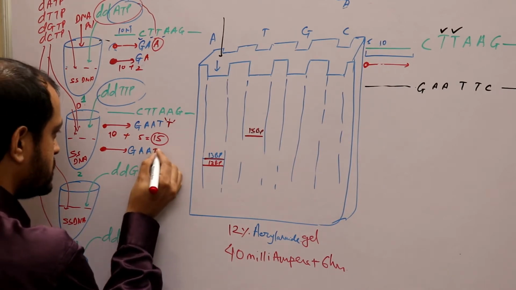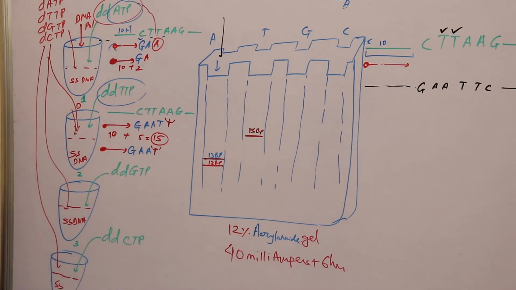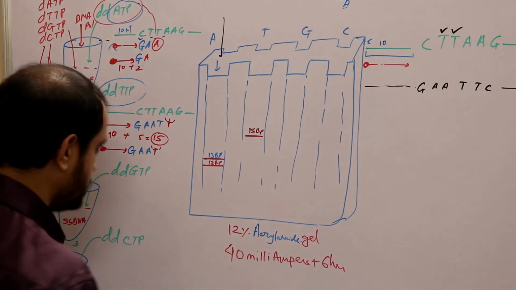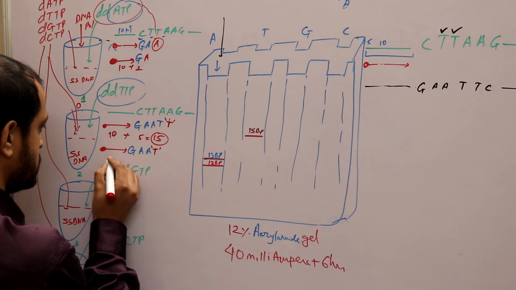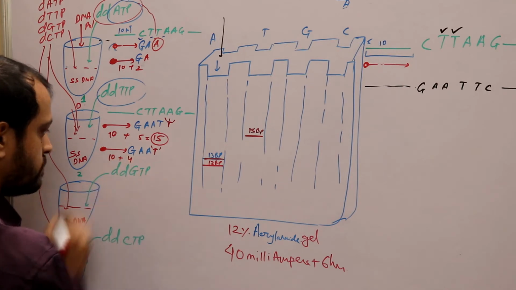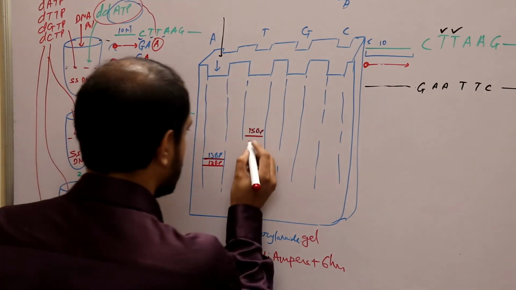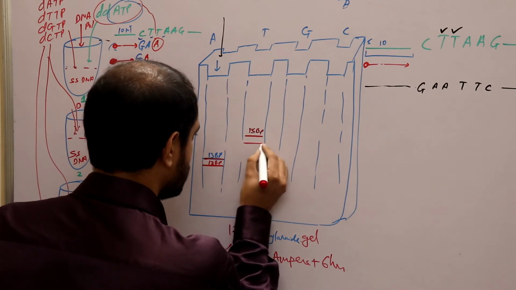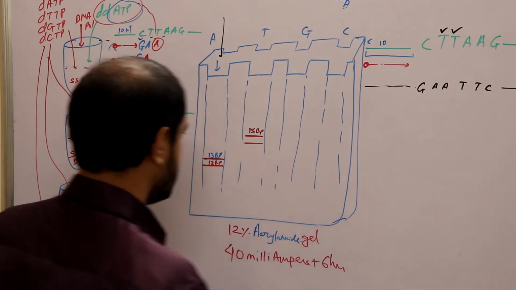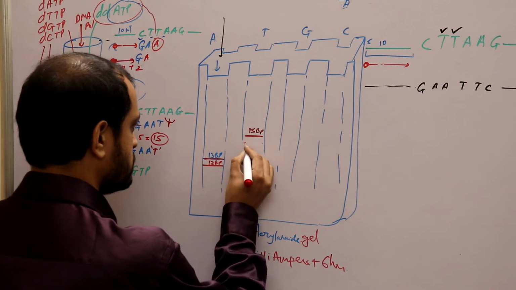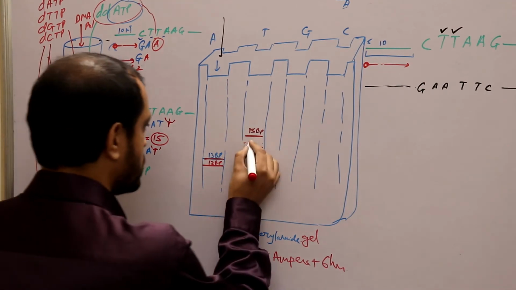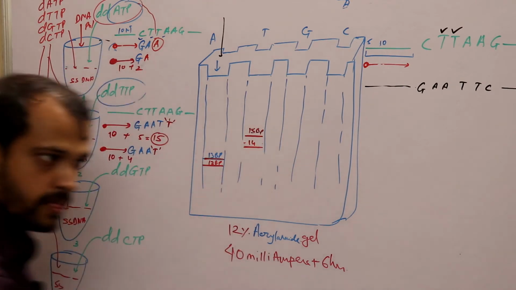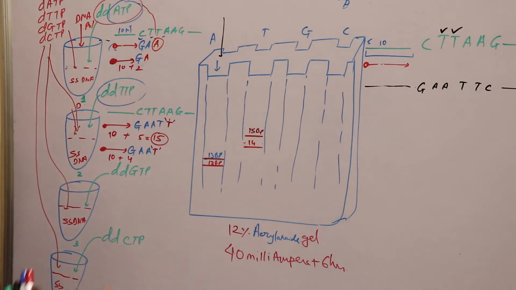Suppose this T is ddTP. Now listen, this is 10 plus 4, 14. That means again a closed band. It's closer to 13. This is 14, right? Now listen with all your attention.